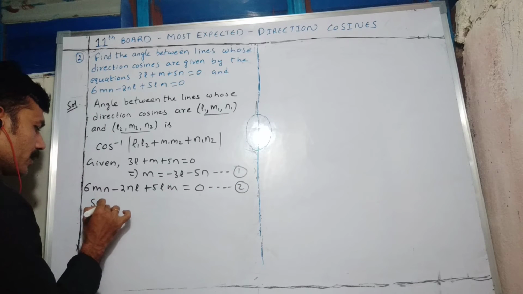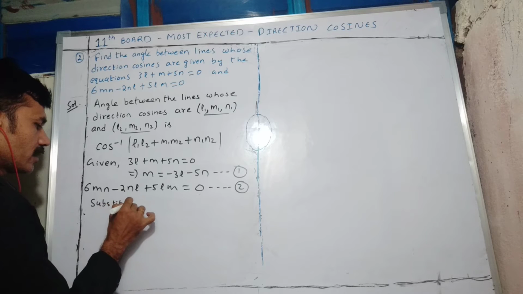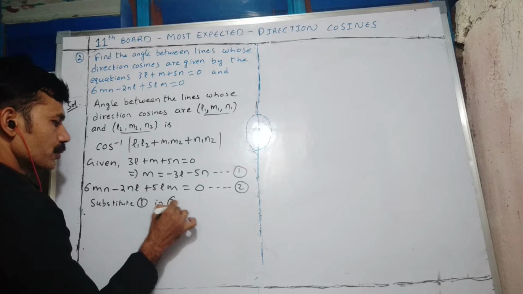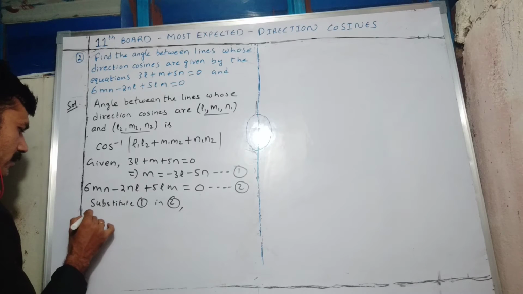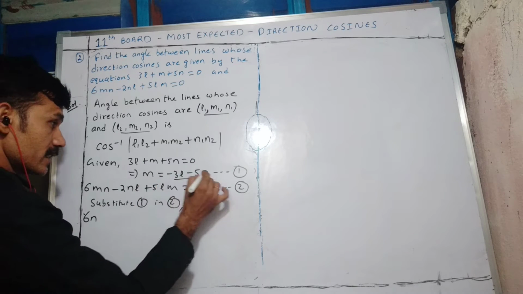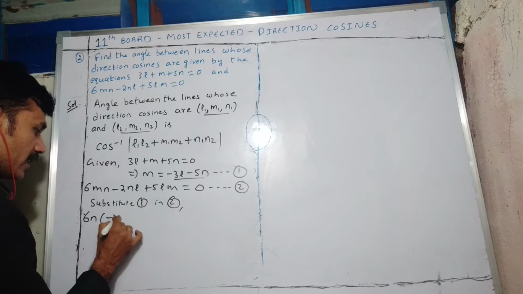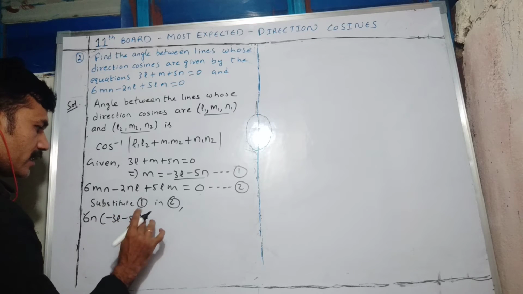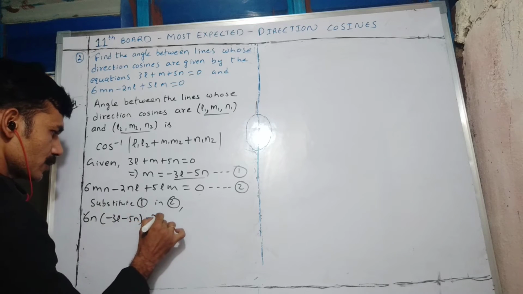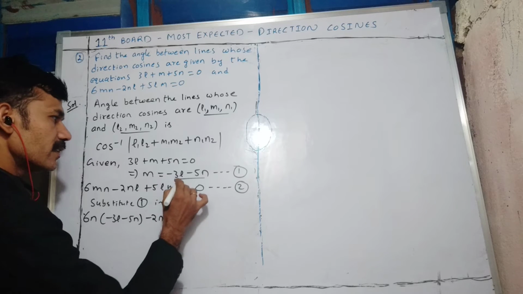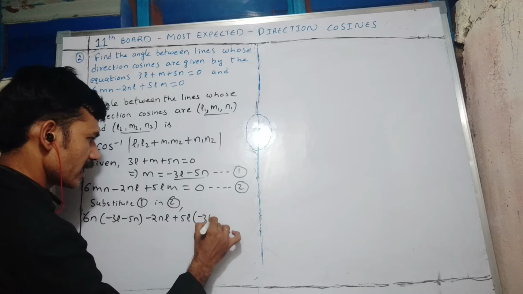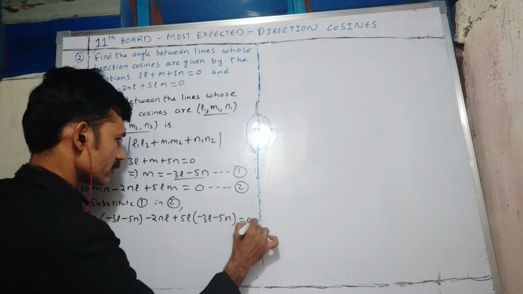Now substitute 1 in 2. In place of m, we write minus 3l minus 5n.